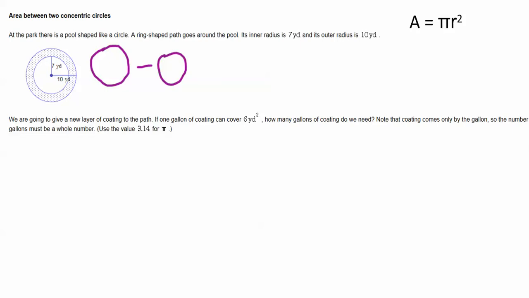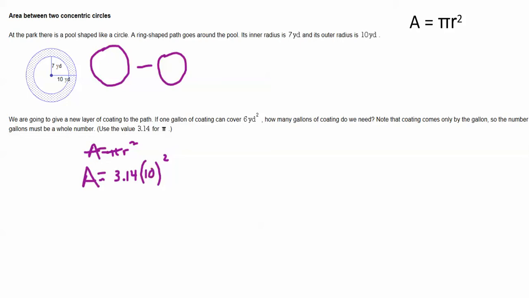So area of the large circle, I'm going to move my work down here. Area equals pi r squared. For the big circle, pi is always 3.14. They're telling us to use that. And then radius in the large circle that we're working on is 10.